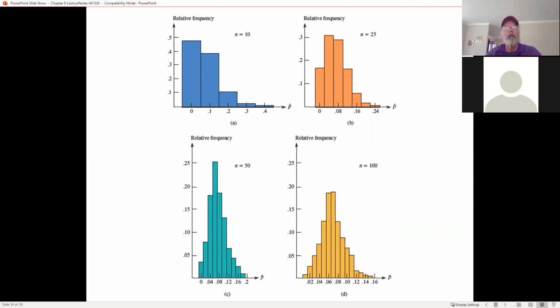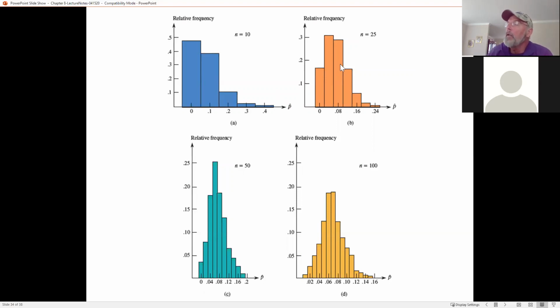So what am I saying about this? When we are dealing with either very, very small proportions or very, very large proportions in this situation, then we're going to get a skewed distribution when the sample sizes are small.